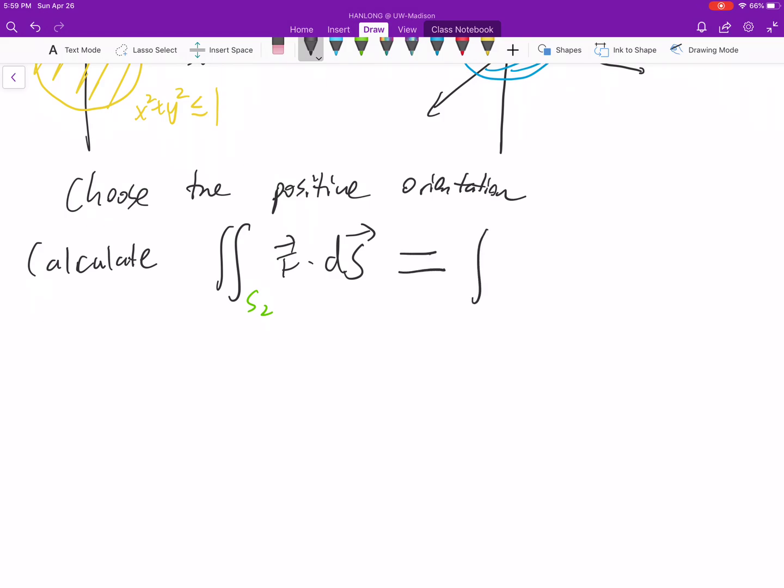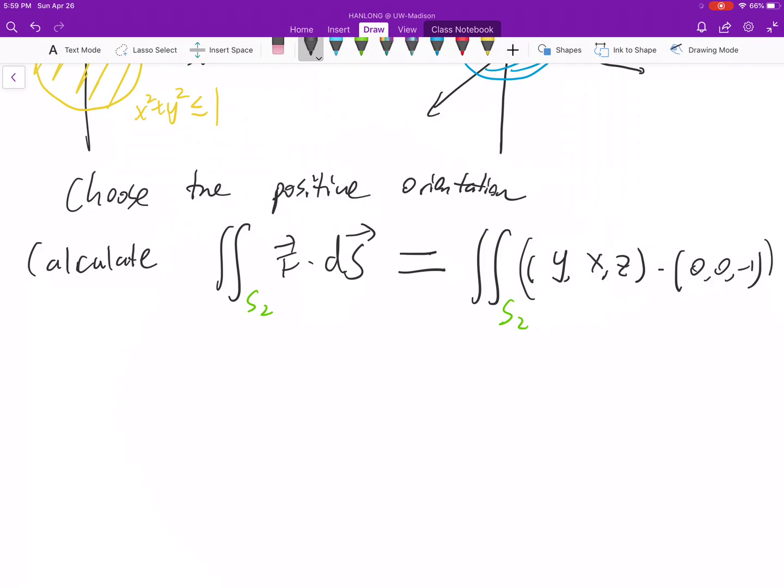Then by formula, it's the integral over S2 of f dot n, and because the orientation is negative, let's write it down carefully. In xyz coordinates, f is y, x, z, and the orientation is 0, 0, negative 1.